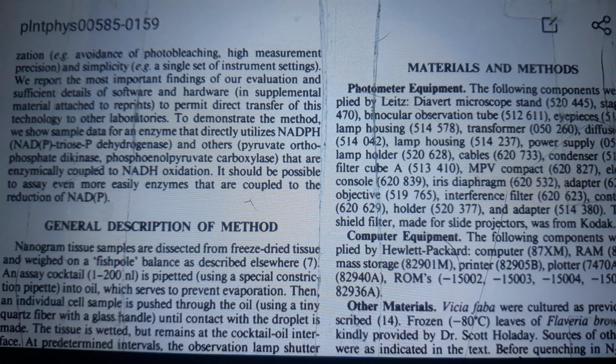Materials and methods. Photometer equipment. The following components were supplied by Leitz: microscope stand, stage, binocular observation tube, eyepieces, lamp housing, transformer, diffusion disc, lamp housing, power supply, lamp holder cables, condenser, filter cube A, MPV compact, electronic console, iris diaphragm adapter, objective, interference control unit holder, and adapter.